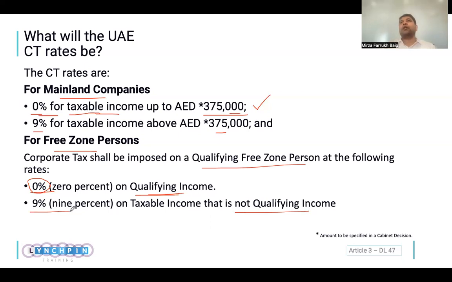Now, a question arises here: if I am splitting the income between qualifying and non-qualifying, how would the 375K be applicable in terms of the first threshold? Up till now, the FTA has not clarified it. So we can only assume that probably 375K may be applicable on the non-qualifying income, but again, we just have to wait and see.